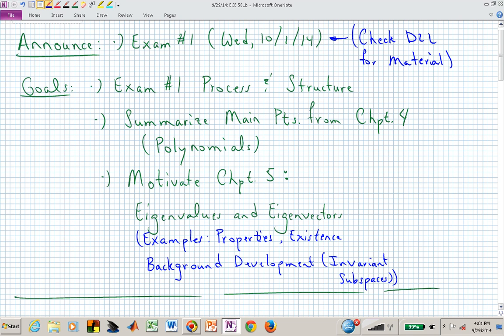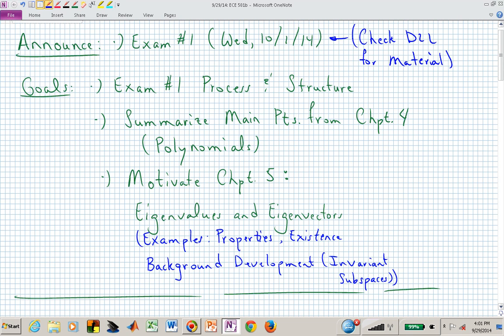Today, we will quickly review what we had said last time, I believe, on exam number 1's process and structure. Then we will breeze through Chapter 4, meaning we will just state some of the ideas so that they're floating around in our head and we are aware of those. We will use those as we move through the rest of the course, which will take us immediately into Chapter 5, which deals with eigenvalues and eigenvectors.